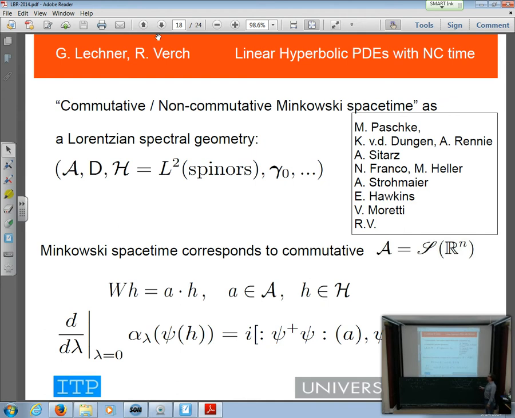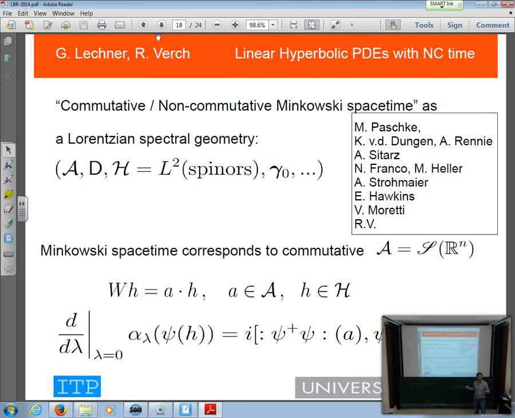So the Hilbert space of the spectral triple are L2 spinors on Minkowski spacetime, and now you immediately notice that L2 is not a covariant concept in the Lorentzian regime. So you need to keep track of that, and you write some extra element into the data of the spectral triple, which I have called here gamma 0.